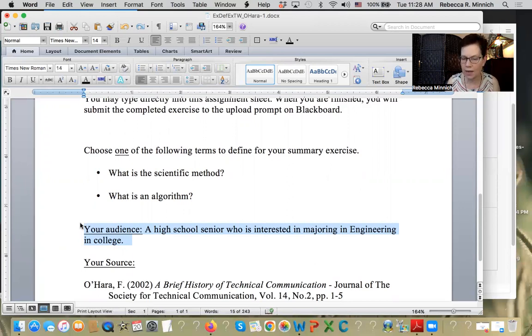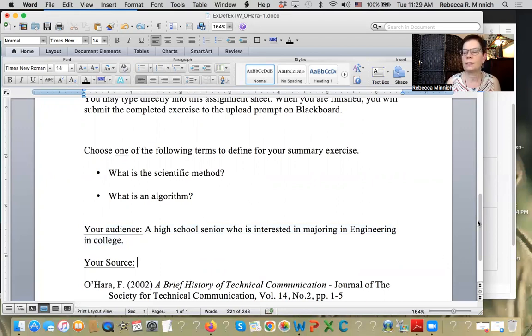That's not going to teach you anything, and you're not going to be developing any skills if that's what you do. You need to put it in your own words, and you need to simplify the language for your audience. It doesn't mean dumb it down. Your high school seniors are not stupid. They're at the top of their class, but they are educated but not expert. So always think about that for your audience, educated but not expert.